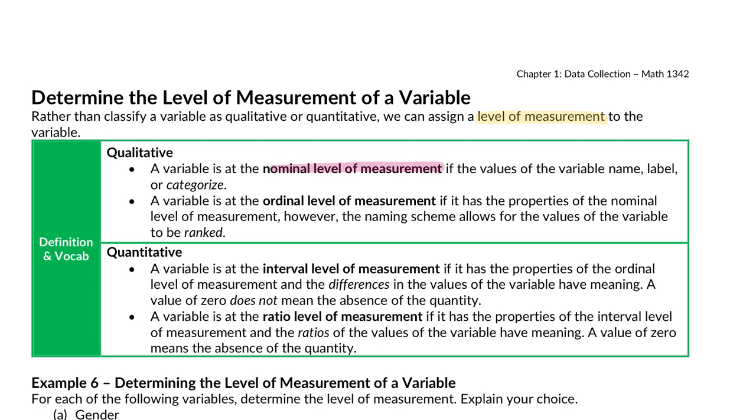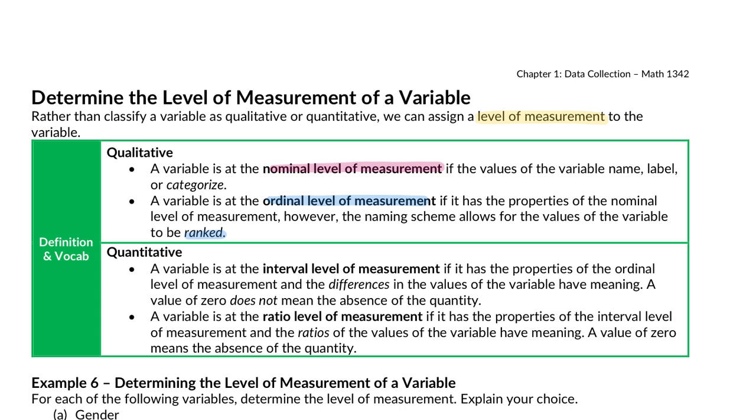It's the basic level of measurement. The ordinal level of measurement occurs when you have all the properties of nominal, meaning you categorize it in some way. However, the naming scheme allows for the values of the variables to be ranked. So let's say that we are classifying something and this classification is greater than another classification. That is now an ordinal level of measurement.